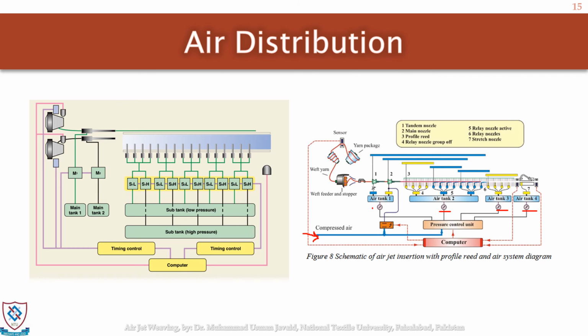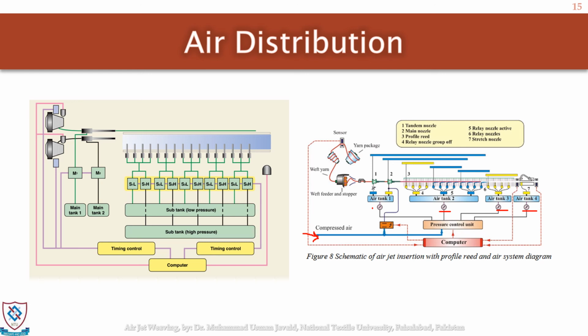Here is one example, I think by Toyota. They use two types of air tanks. One is a high pressure air tank, one is a low pressure air tank, and the machine can switch between low pressure or high pressure release of air for the sub nozzles.